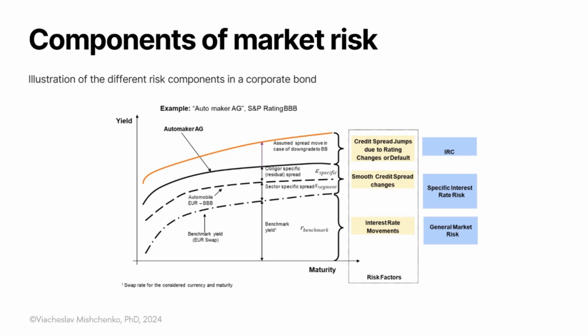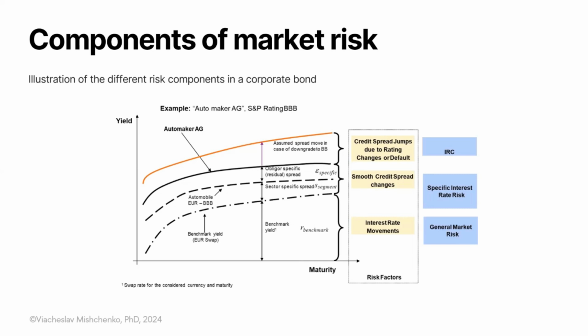There is a case. And then, as you can see, there is an obligor-specific spread, which usually reflects the unique credit spread for this particular company. So we have general market risk, and we have company-specific risk spread.